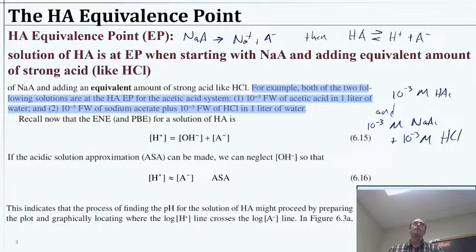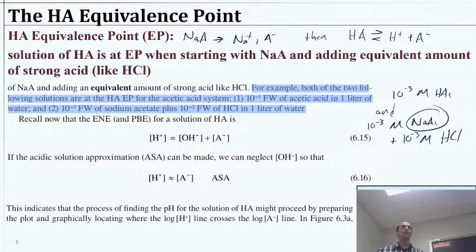So the 10 to the minus third HCl is going to give us the same amount of acid, the protons, that we're missing from the NaA addition, right? In both cases, we have 10 to the minus third moles per liter of acetic acid total, AC total, and 10 to the minus third H plus.